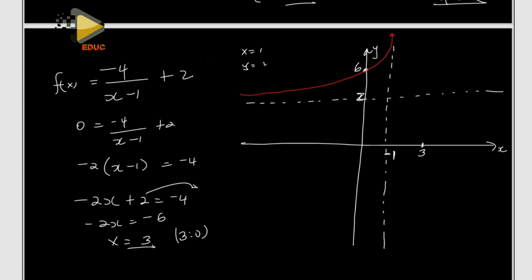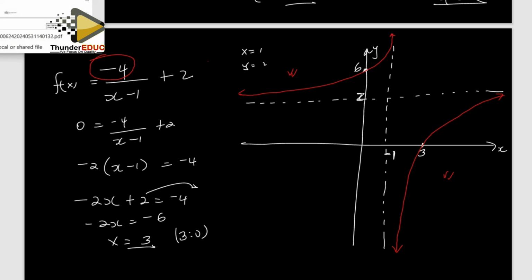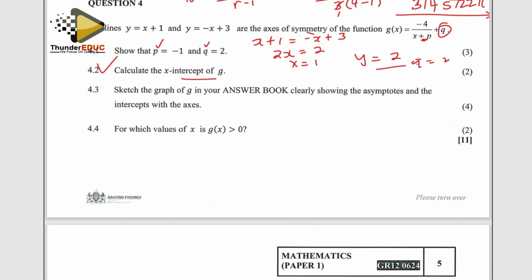It must move in that direction, and then automatically it's moving in this direction. The reason why I'm choosing these quadrants is because our a is negative, which means the graph must be between quadrant 2 and quadrant 4. But even the intercepts, in most cases, give you a hint. So that's how the sketch must be. We mark the shape, the intercepts, and the correct representation of the asymptotes.